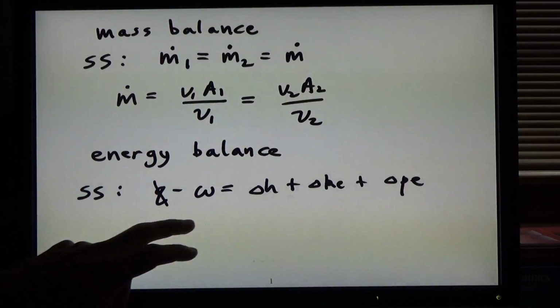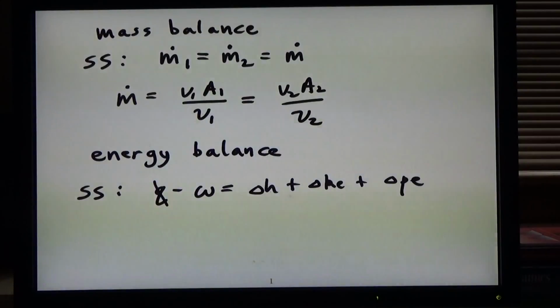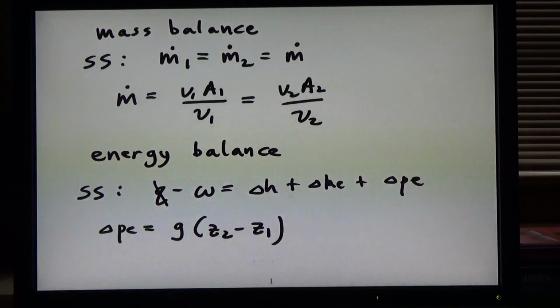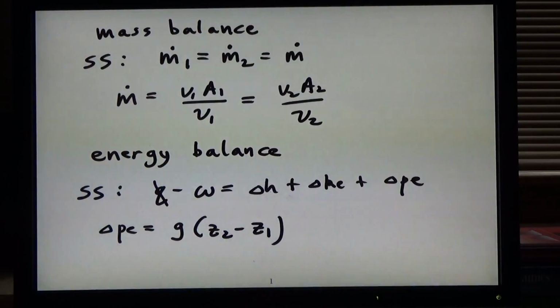Alright, let's go ahead and try to calculate these three terms individually based on properties that we know. We'll start off with delta PE. The equation for the change in specific potential energy looks like gravity times Z2 minus Z1. We know the gravity, that's just 9.81 meters per second squared, and we're given elevation Z2 and Z1. So we can just plug this straight in.